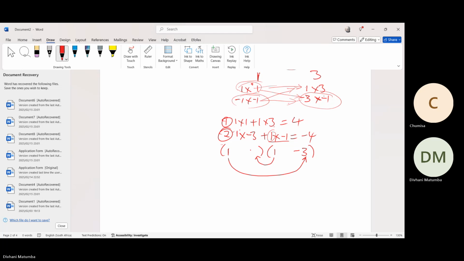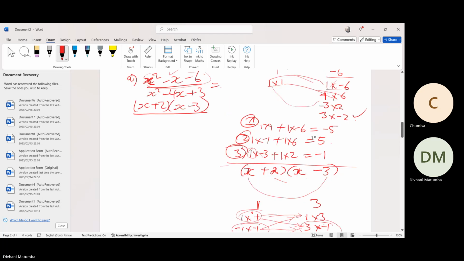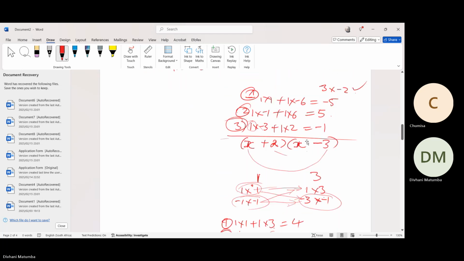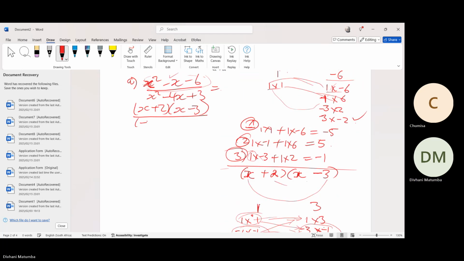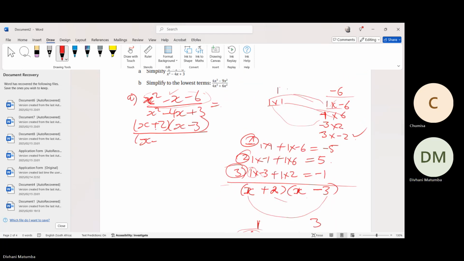You agree? Yes, sir. And these are 1x and 1x, so this is x and that's x. So we have factorized there. So we're going to have x minus 1 into x minus 3. So this is what we have so far.